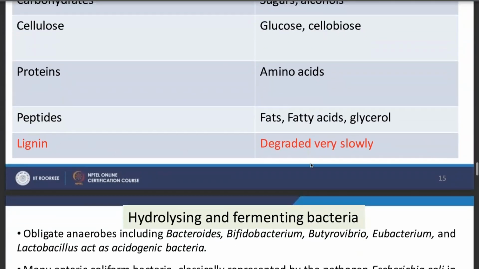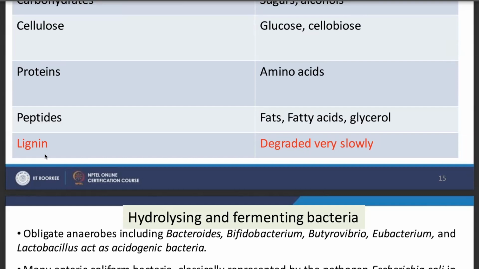Lignin is degraded very slowly, right? So here comes the role of lignin and hemicellulose, or lignocellulosic material, which we were talking about. Why is it difficult to digest lignin or lignocellulosic material? Because we don't have good microbes to digest them. If we have microbes which have the machinery to metabolize lignin, then this is not a problem.